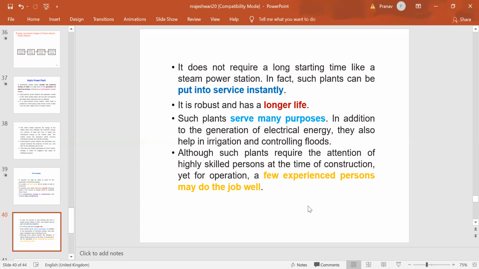So they will do a good job, and it is helpful for irrigation and controlling the floods also. By constructing dams, it will remove the floods, and the excess water will be used for irrigation works near the stations, and it has a robust and longer life.